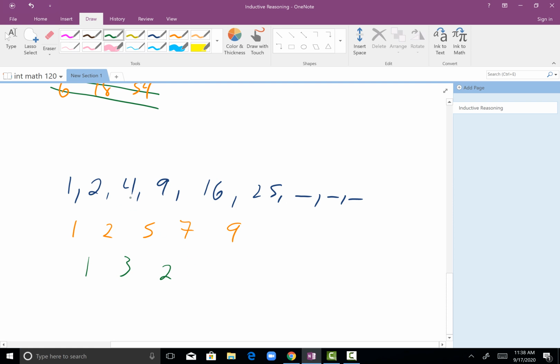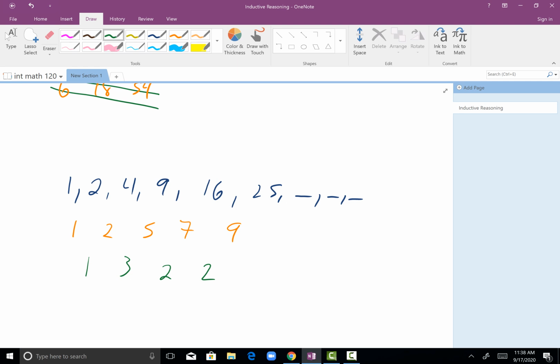Something happened here. I guess that's right. This is difference 2. Man, I just don't see anything there. So I'm thinking, well, something's not right. I'm going to have to look for something else.